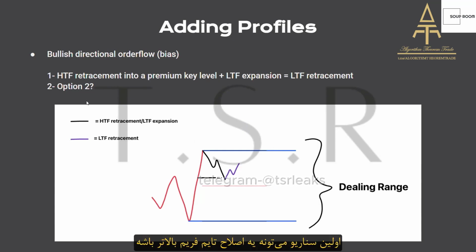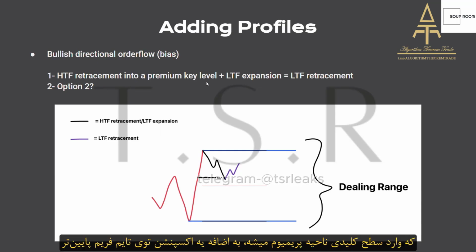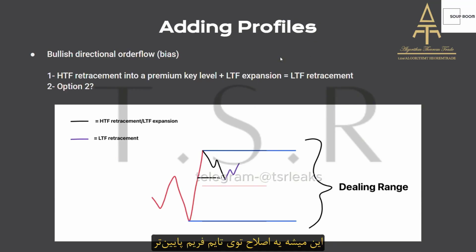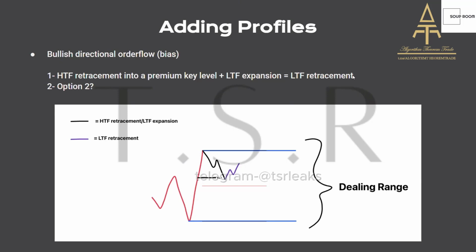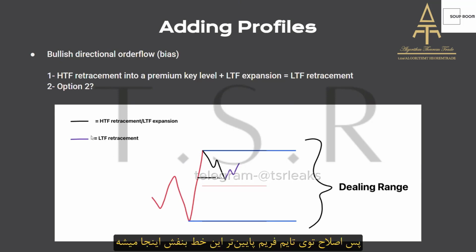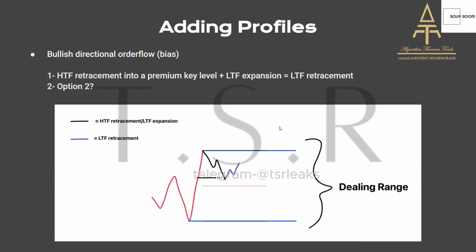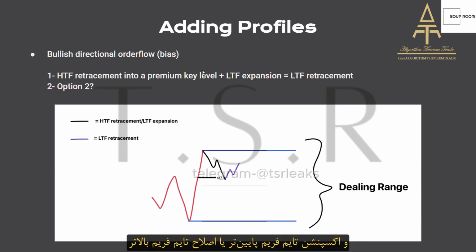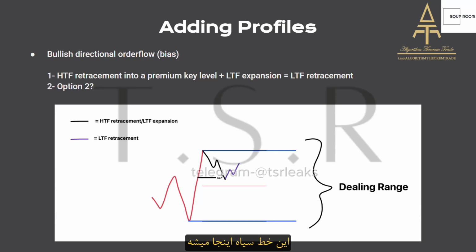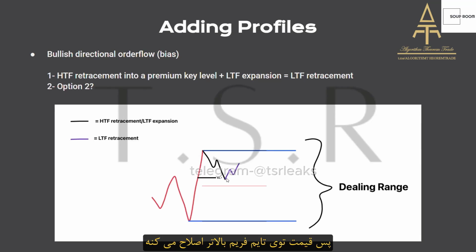The first scenario would be a higher time frame retracement into a premium key level plus a lower time frame expansion. This equals a lower time frame retracement. So the lower time frame retracement is this purple line right here, and the lower time frame expansion or the higher time frame retracement is this black line right here. So price will retrace on the higher time frame.